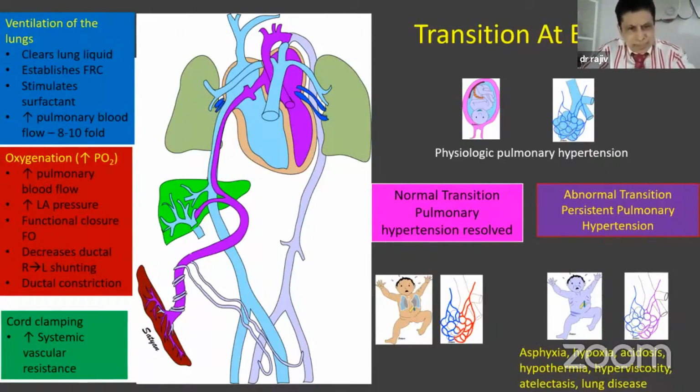In normal transition, the pulmonary hypertension has resolved over the last half to 1 hour. In abnormal transition, you have persistent pulmonary hypertension of newborn, which can be triggered by asphyxia, hypoxia, acidosis, hypothermia, hyperviscosity, atelectasis, and lung disease.